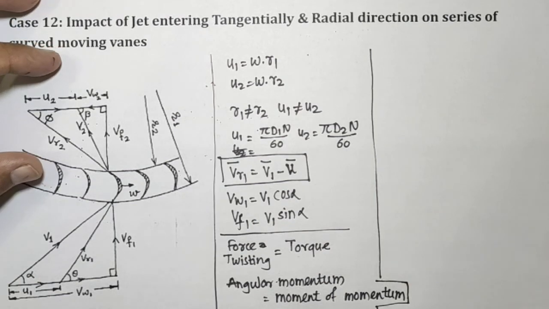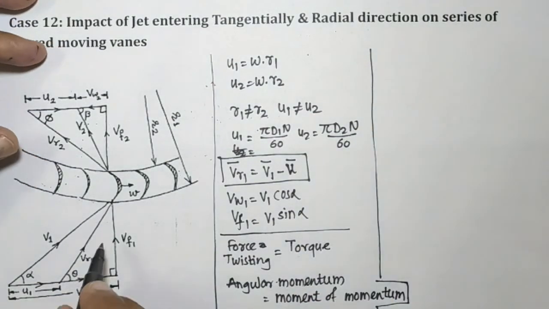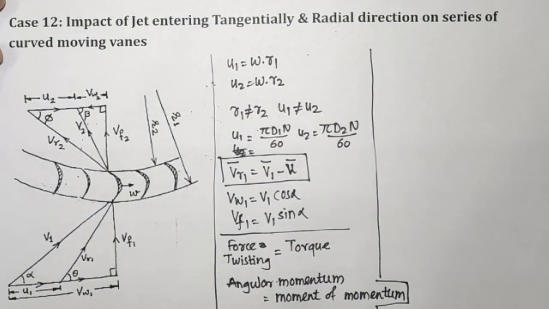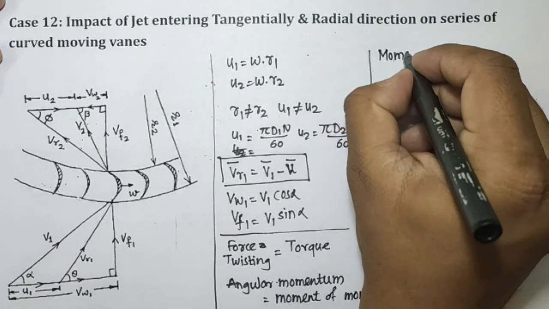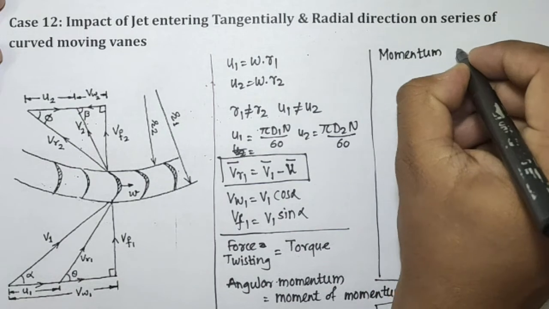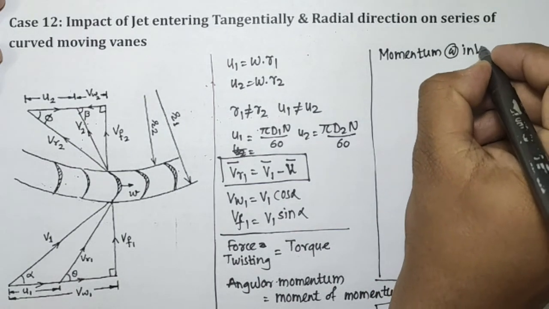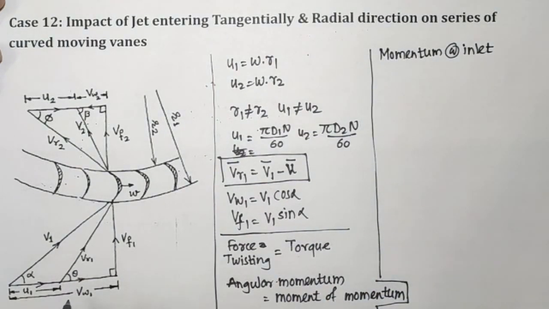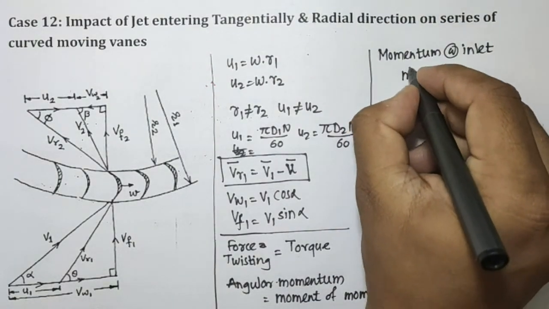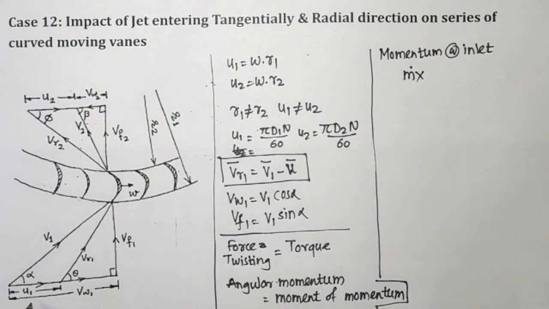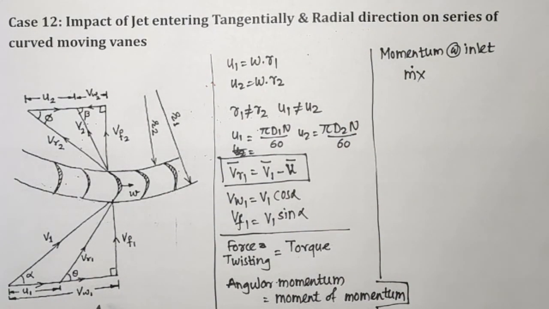Now see, angular momentum at the inlet. First of all, we will try to understand what the momentum is. Momentum at inlet will be like this: the mass flow rate m dot into the velocity which causes that particular momentum.